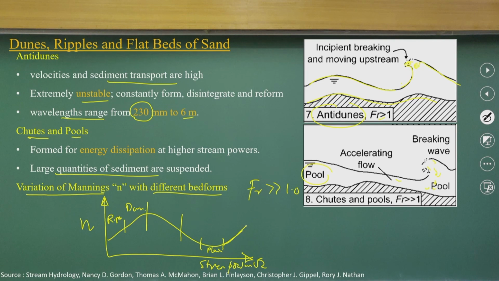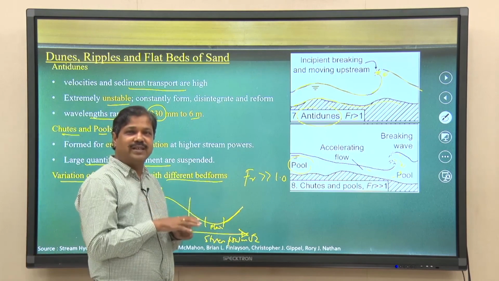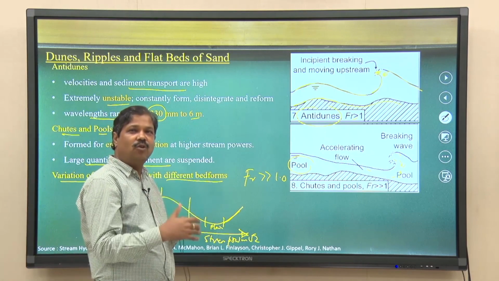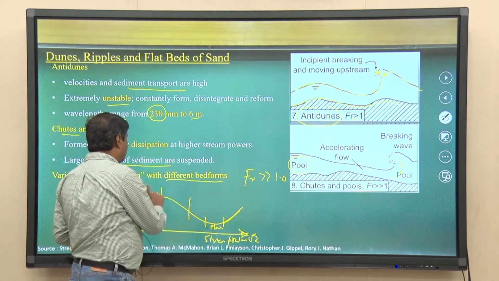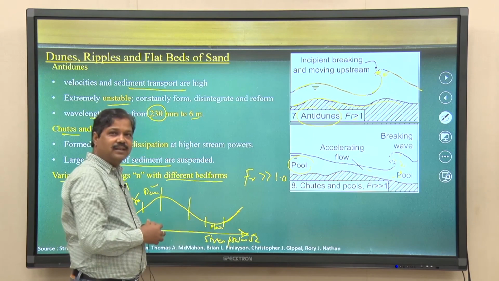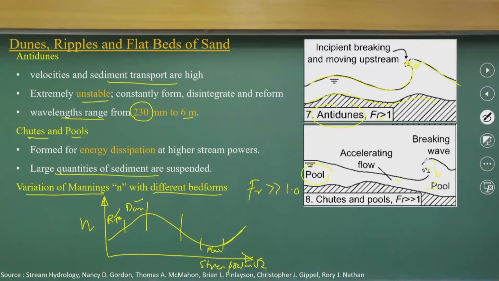So the n value, which represents the flow resistance or energy dissipation, depends upon the stream power and the bed forms. Beds are not perfectly plane; the bed changes from ripples to dunes to antidunes, then you have a plane surface. As stream power increases, the n value varies like this.